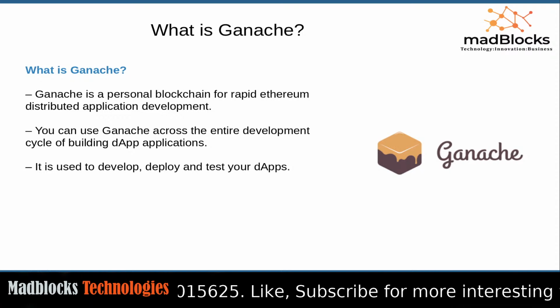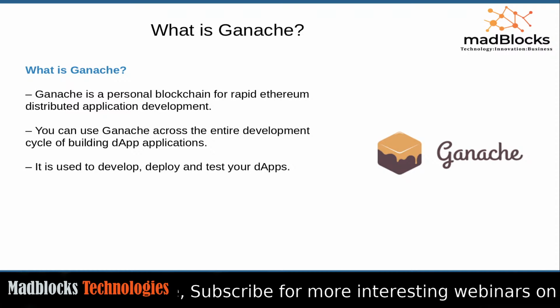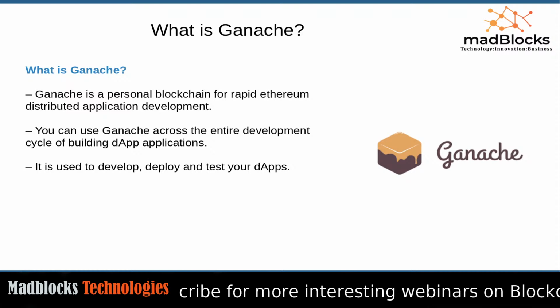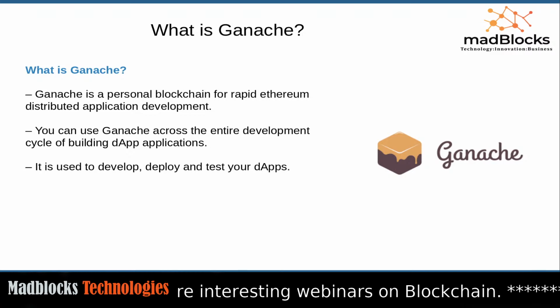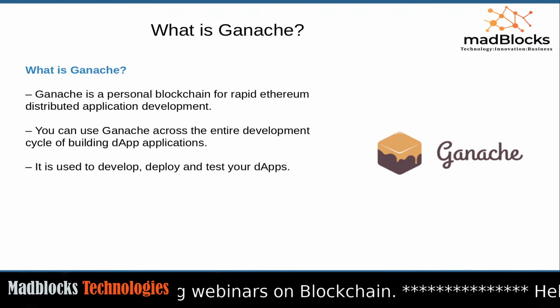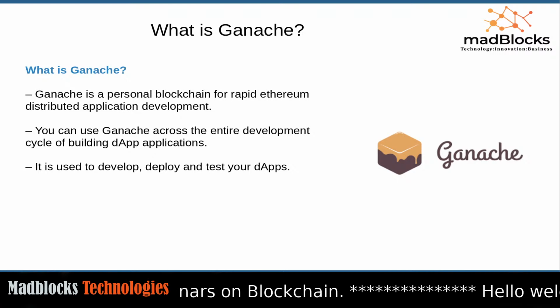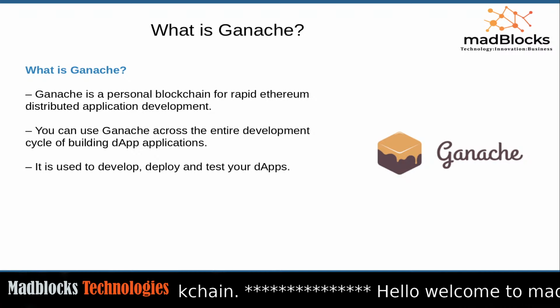Only within the system, or within the local network, you can access this Ganache blockchain. You cannot access it from outside. This is like your local test network where you can implement your blockchain applications.